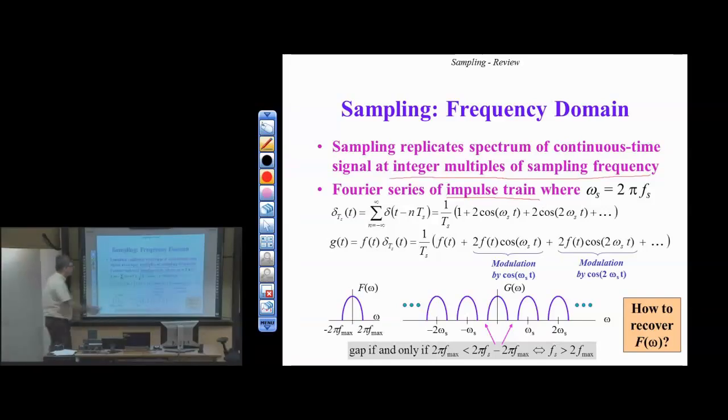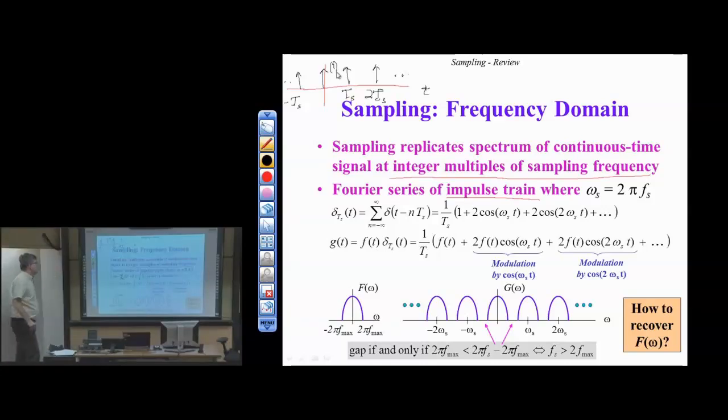So this impulse train in the time domain is just a bunch of Dirac deltas located at integer multiples of the sampling time, and the amplitudes are 1 under each.